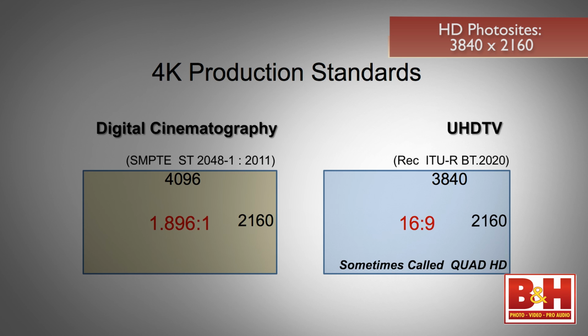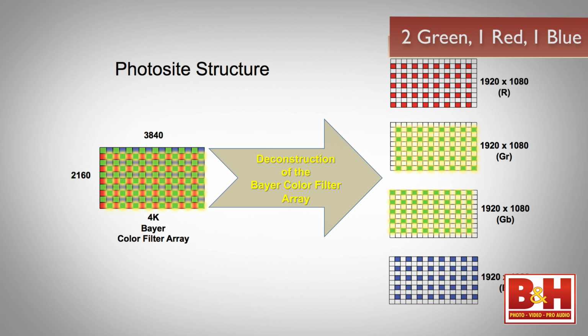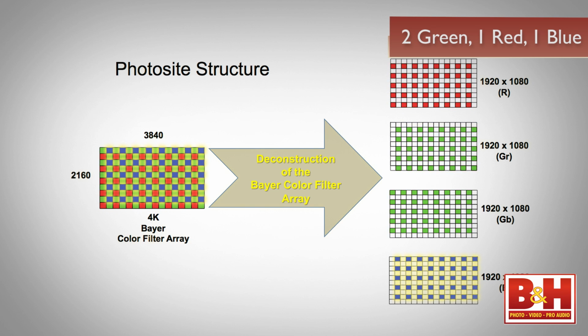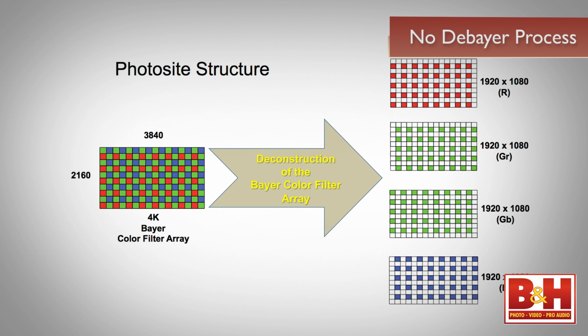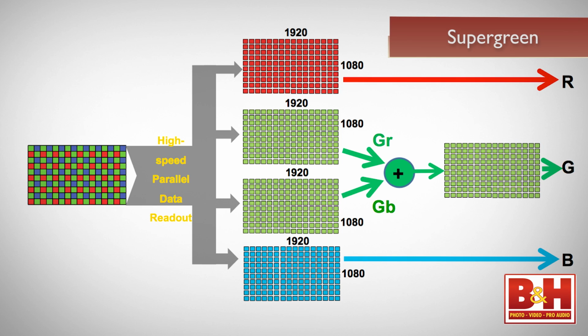Now, this confers a real advantage. That is to say, when you have 2 green, 1 red, and 1 blue photosite per each pixel. For one thing, there's no Debayer process. You don't have to interpolate any color information. Secondly, when you have 2 green photosites per pixel, that equals something that Canon calls supergreen. And supergreen is twice the luma signal.